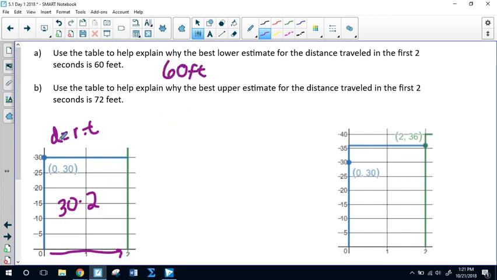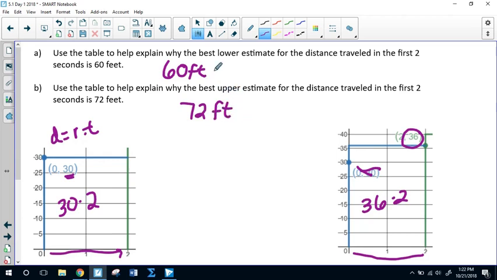But that's using the lower value, the smaller value for the rate. What if instead I look at the same time interval of 2, but instead of using the 30 at the initial starting time, we use the 36, which was the second measurement? Now our rate is 36 and our time is 2, which means that with that estimate, you went 72 feet.